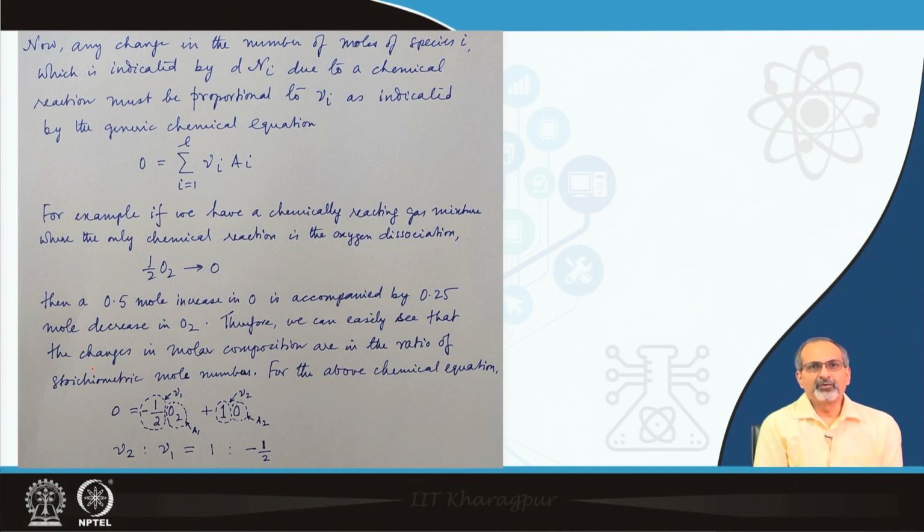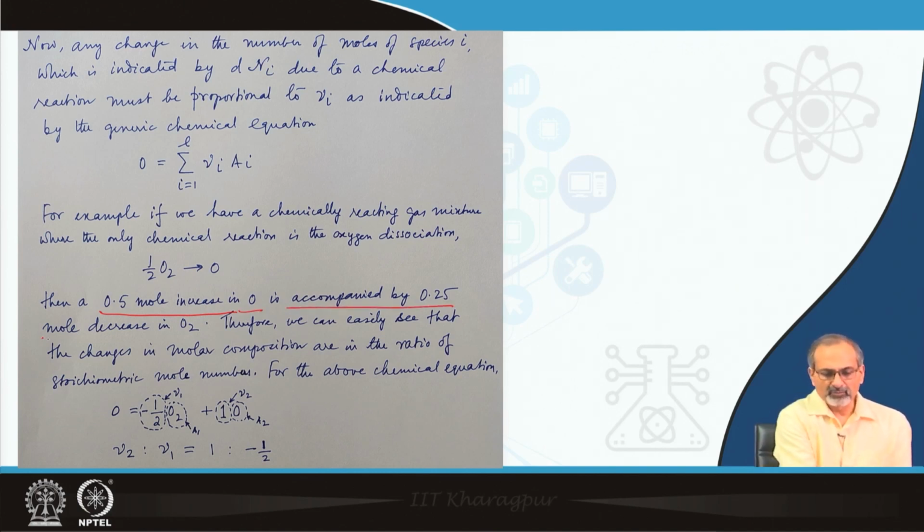And if we want to talk about an example, then when we talk about the oxygen dissociation equation, let us say a 0.5 mole increase in atomic oxygen is always accompanied by 0.25 mole decrease in molecular oxygen. If you take another number in terms of mole increase in O, correspondingly you will see exactly half of that number in terms of decrease in molecular oxygen.